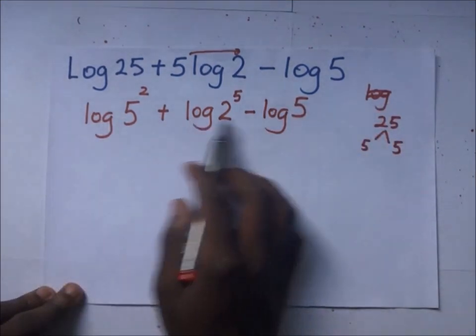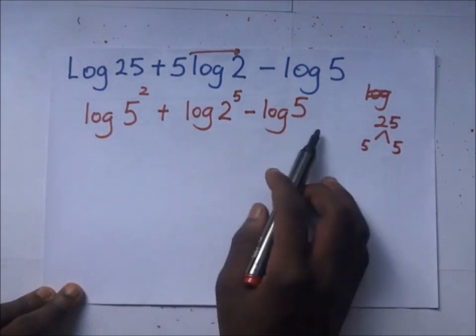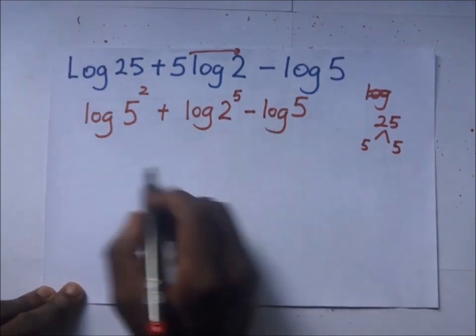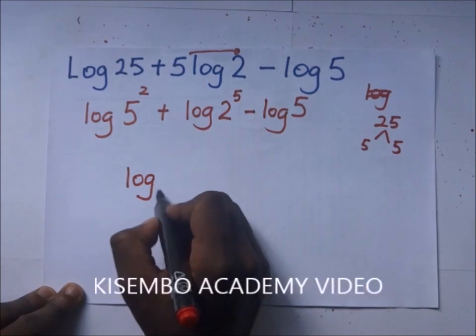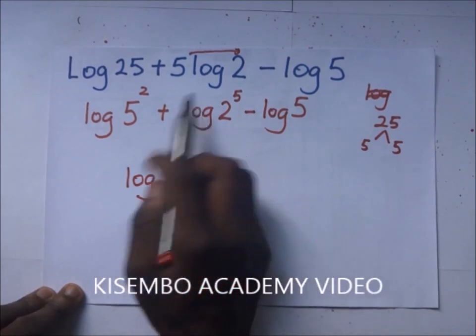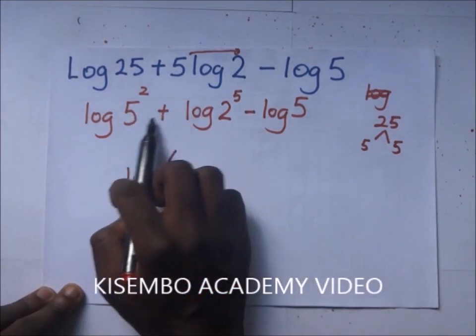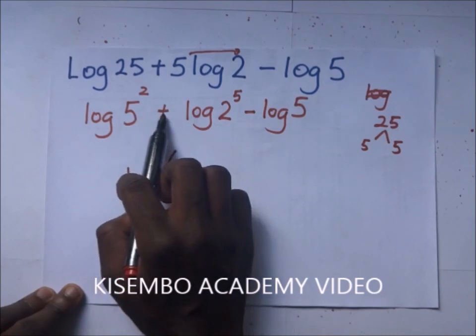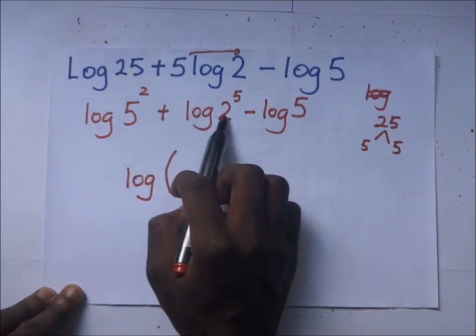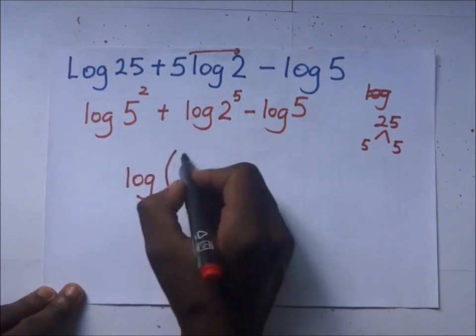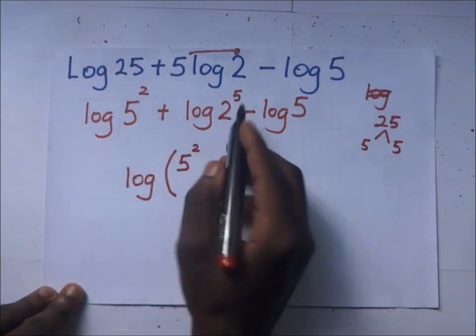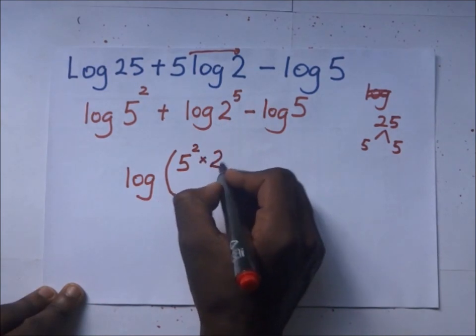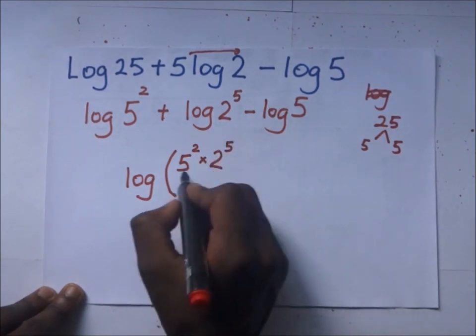Now here we have logarithms of the same base. So because they are of the same base, we shall maintain the same log. It's going to be log of the same base, which is log 10, and now you add this: it means we are going to say it is 5 to the power 2, multiplied by 2 to the power 5.